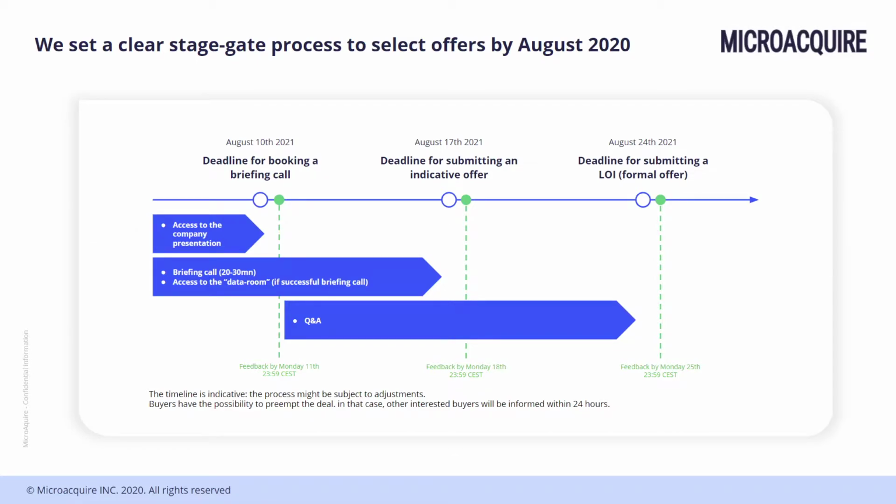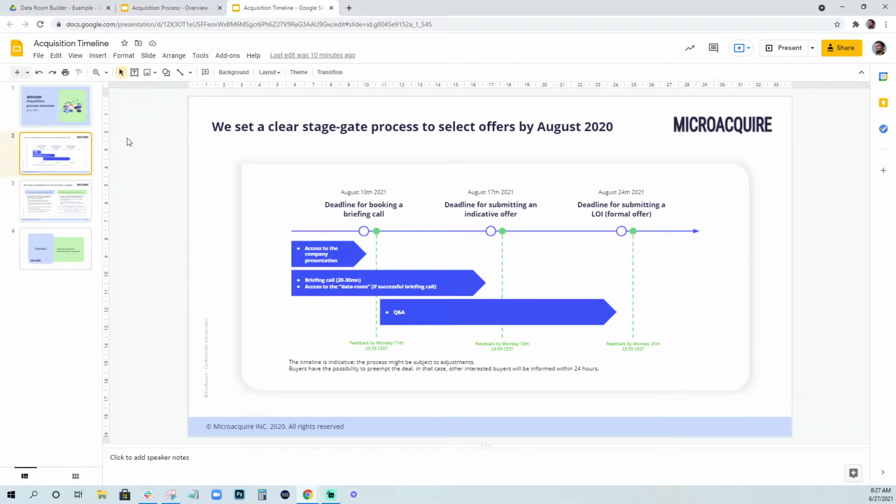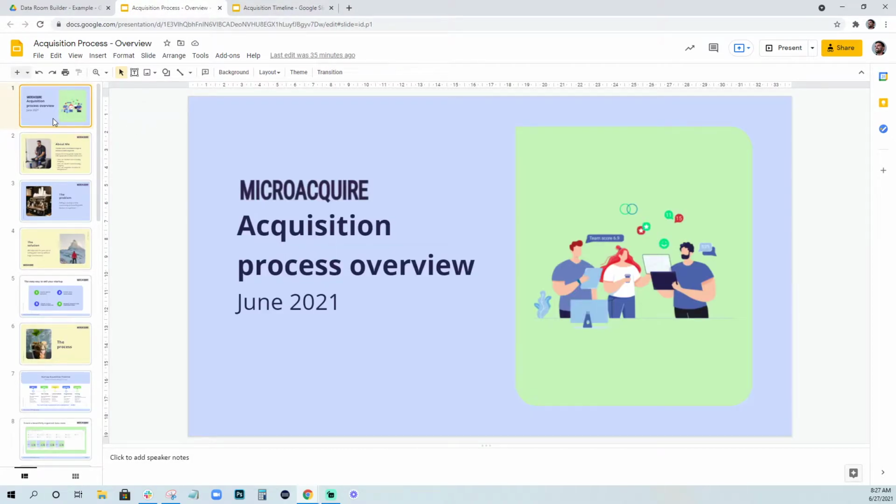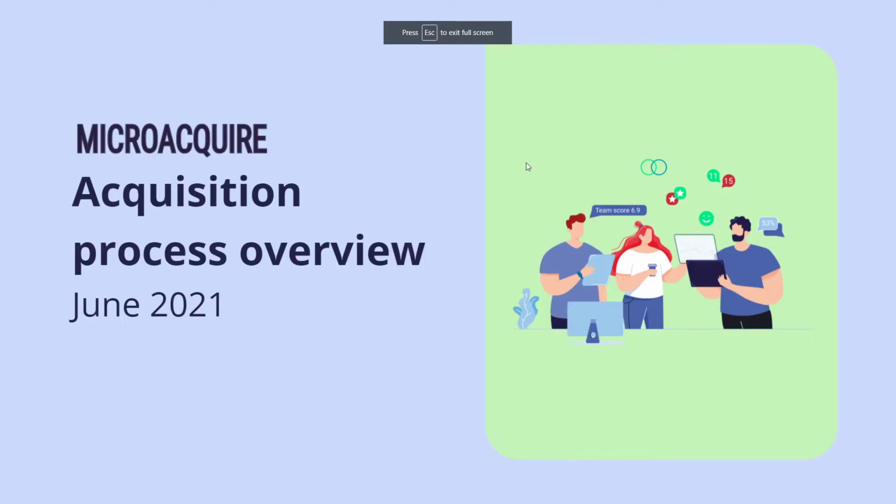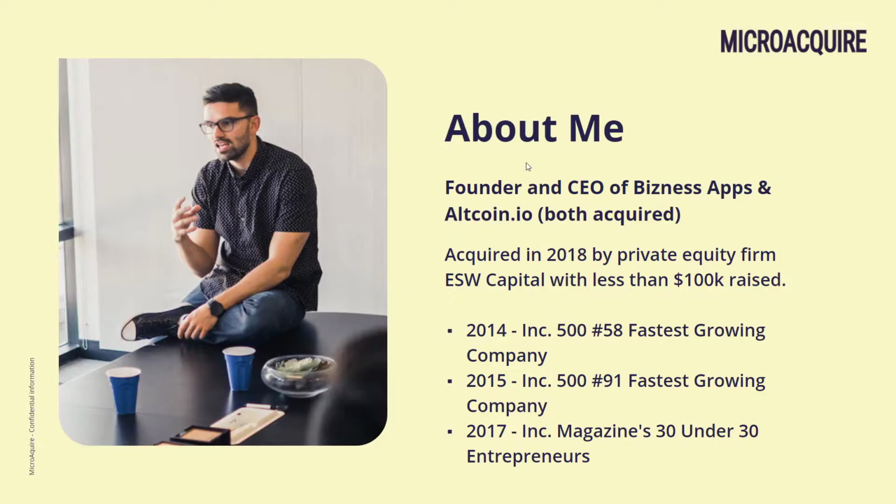They're coming into this acquisition conversation with a serious mindset and really with strong interest to potentially acquire your startup. And so I like to have a process overview, which kind of tells the story of the business as well as the opportunity. So about me, I'm Andrew.